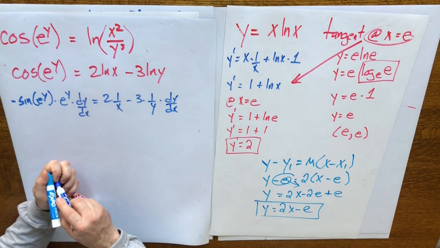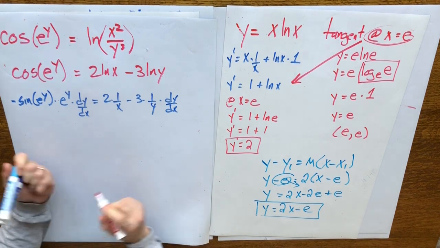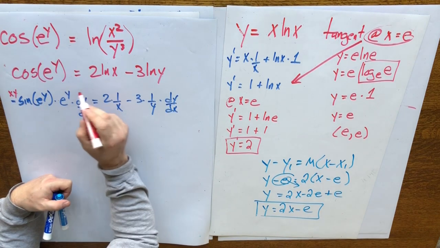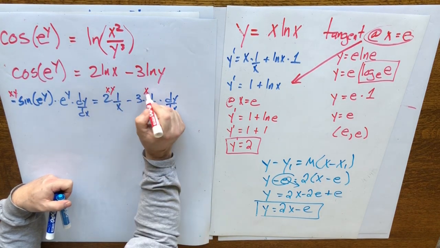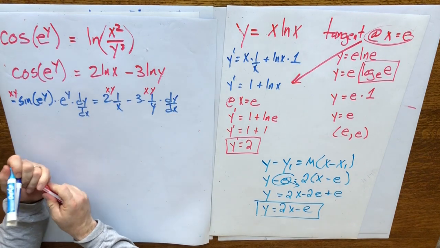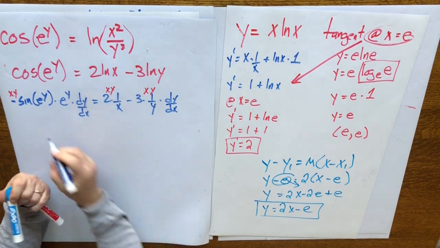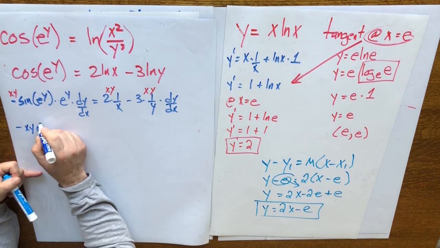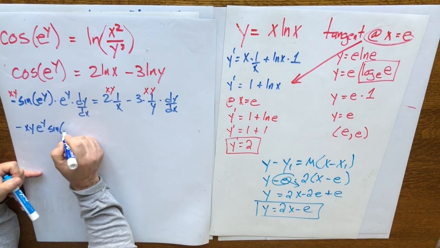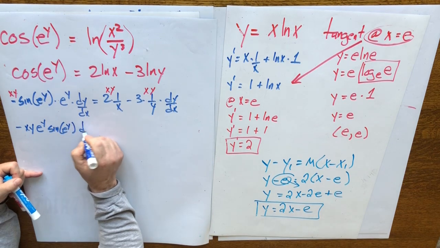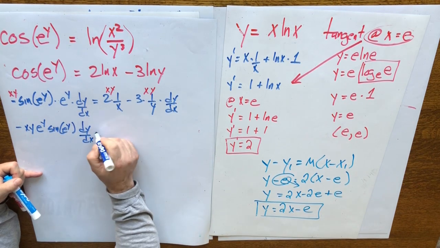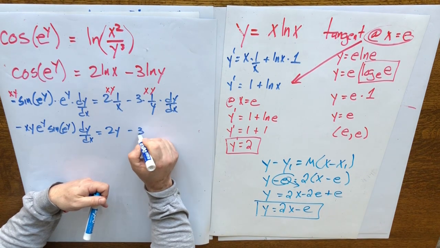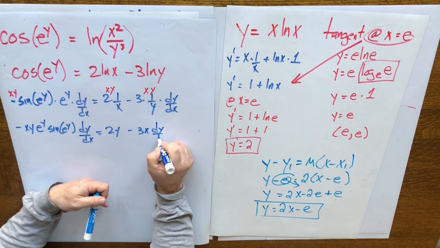I'm going to take everything in this expression and simplify it, but I notice I've got x's and y's in the denominator, so I'm going to multiply everything by xy. So as I simplify it, I get this. Negative xy e to the y sine e to the y dy over dx equals 2y minus 3x dy over dx.